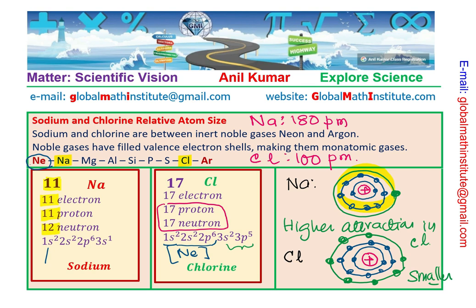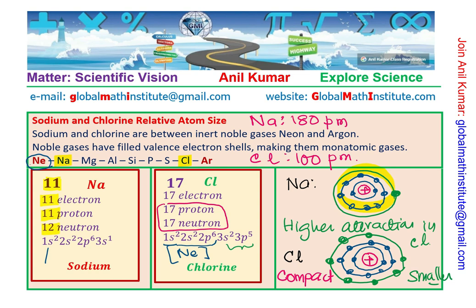The reason being that there are more electrons and protons in chlorine with the third shell, right? So therefore the force of attraction is more and it's more compact, and therefore results in a smaller size.